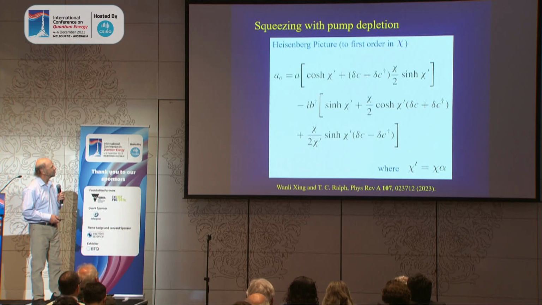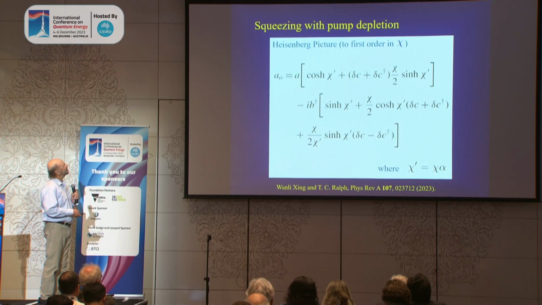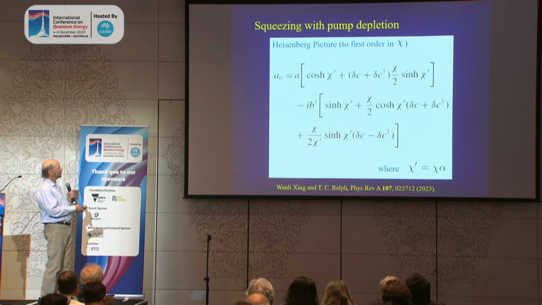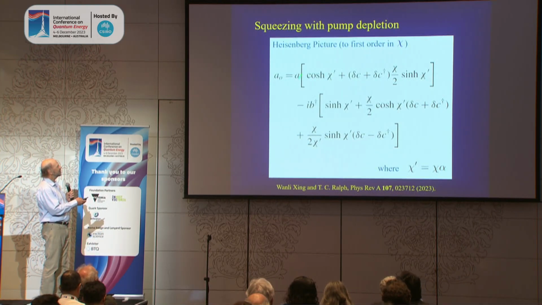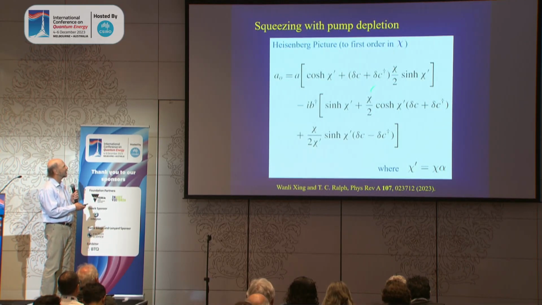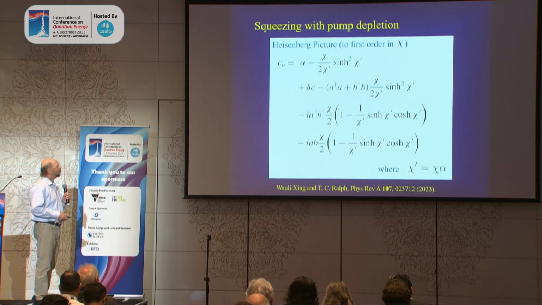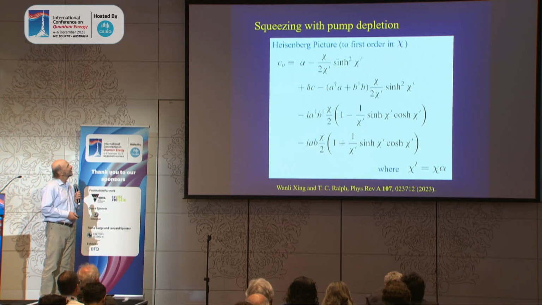So when you do this, you get expressions like this. This is the evolution of the signal mode, and you can see the normal terms that appeared in the undepleted case, and then you get these new terms. This is to first order in chi, and you can do this for the idler as well, and for the pump, and you get all these new terms turning up.